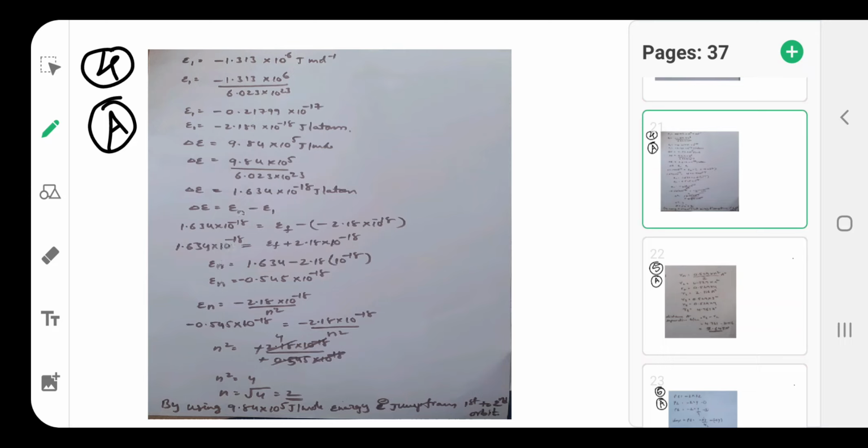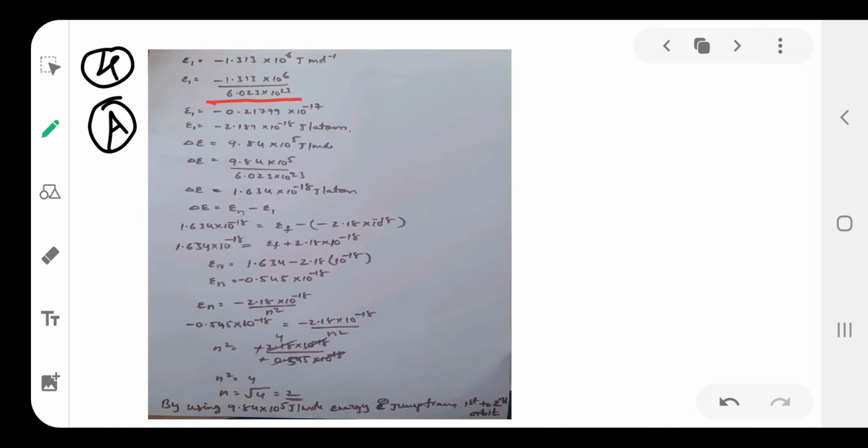Here the energy of the ground state is minus 1.313 into 10 power 6 joule per mole. So this is the energy given for 1 mole of atoms. For 1 atom the energy is minus 1.313 into 10 power 6 divided by 6.023 into 10 power 23. Then we calculate that value.